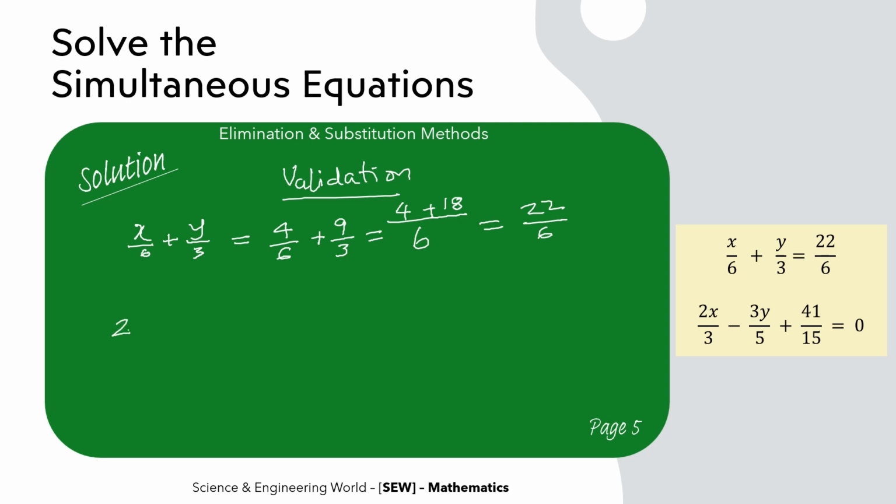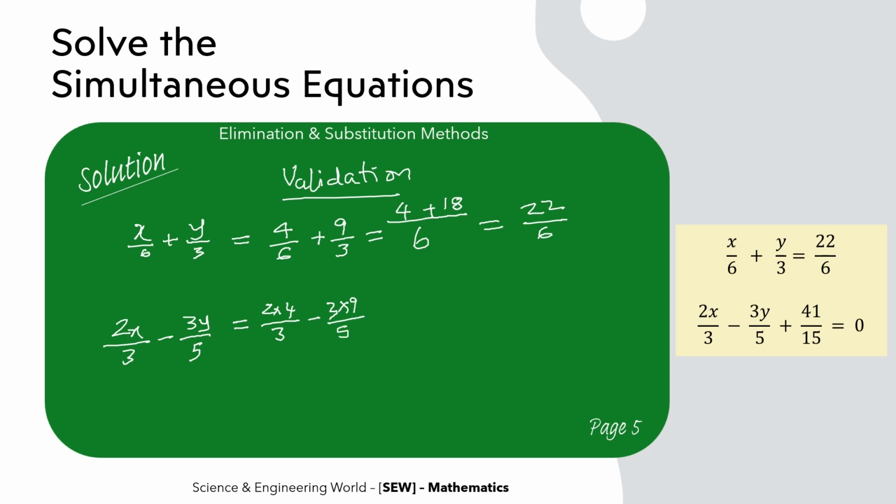And the second one is 2x over 3 minus 3y over 5. So in this case, we are saying that 2 times 4 over 3 minus 3 times 9 over 5.